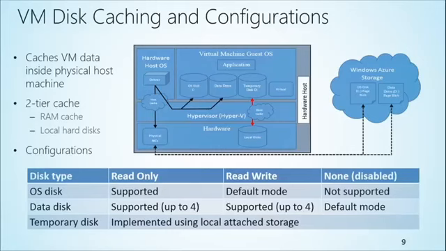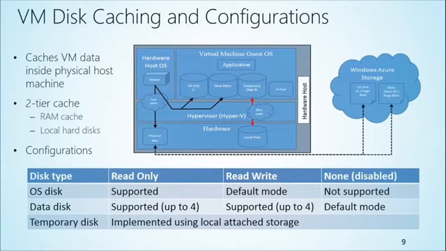Got it. How about the caching portion of things, and what's the best practice that you can show us? Yep. So when we're talking about caching, we need to be a bit careful because there are multiple cachings that come to mind. In here, specifically, we're talking about the Windows Azure Virtual Machine disk caching, and it is actually a two-tier caching.